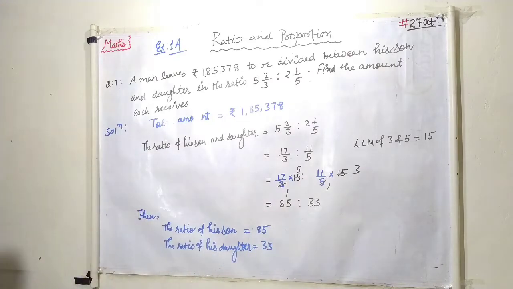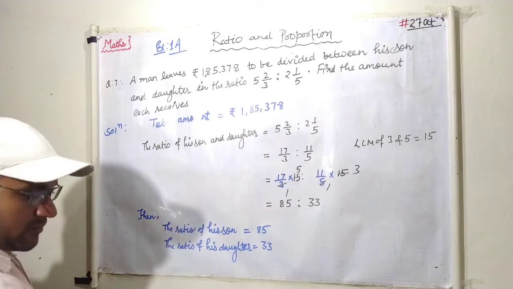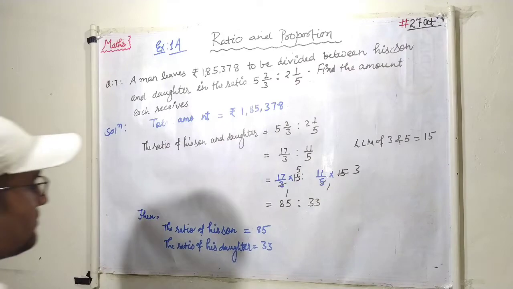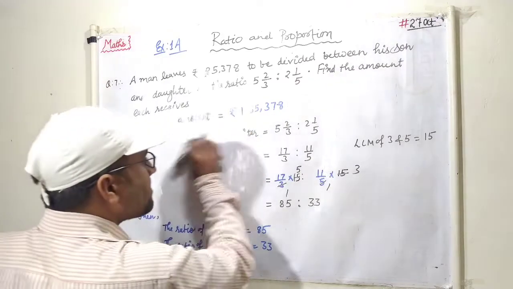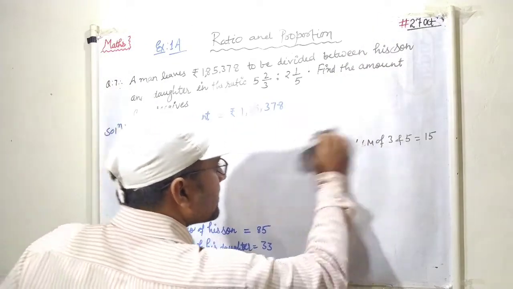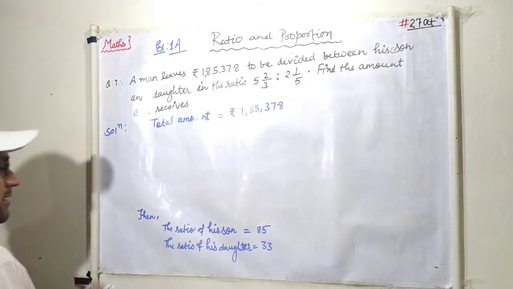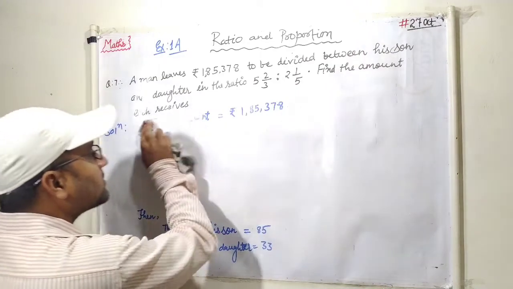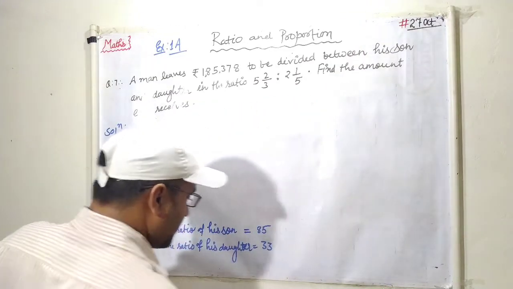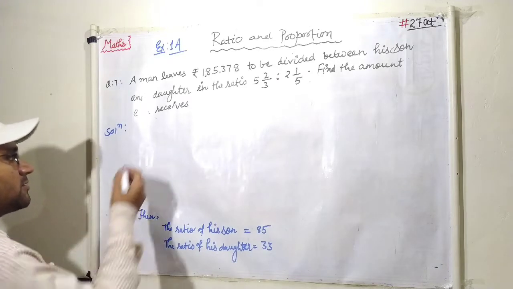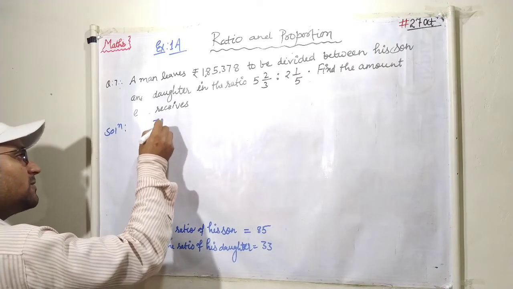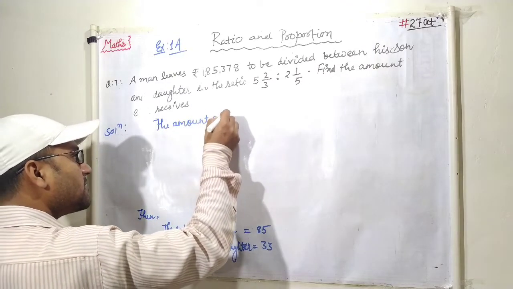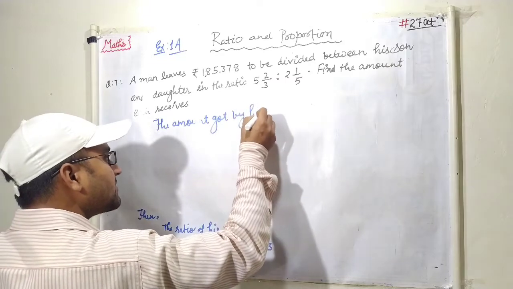Then I am going to find the value of the amount got by his son. After that, the total amount, you know, is this. Then the amount got by his son.